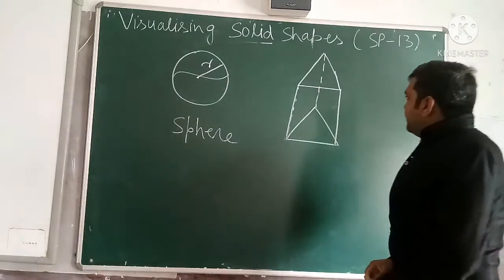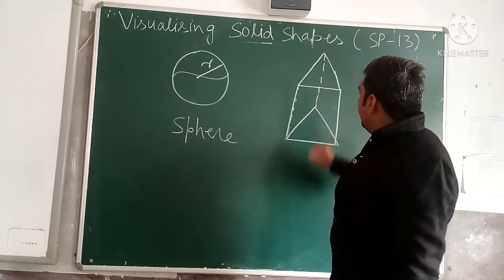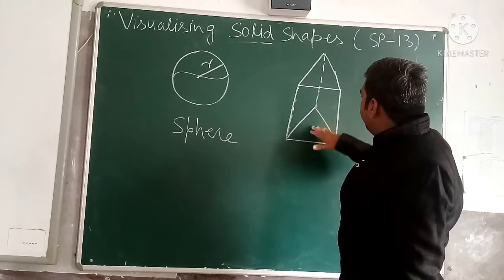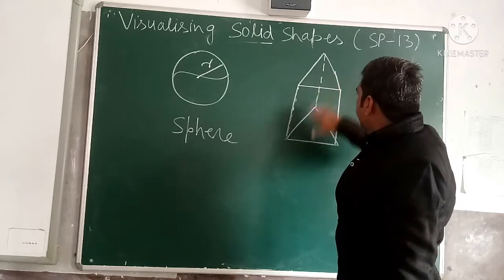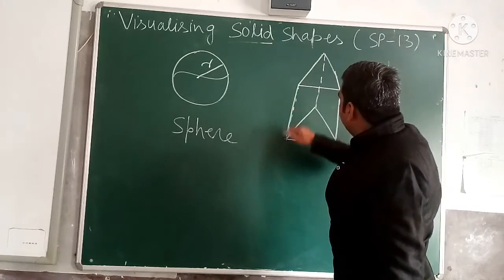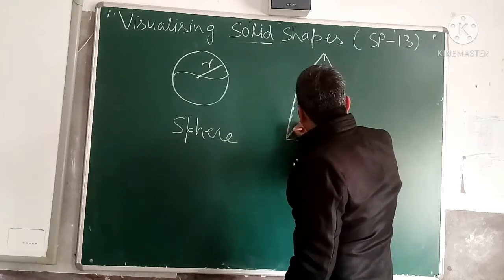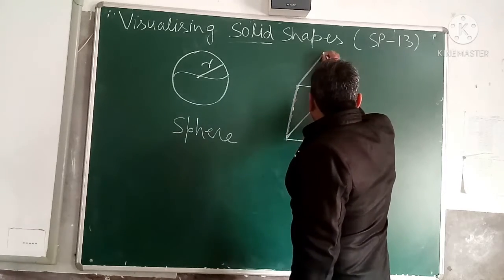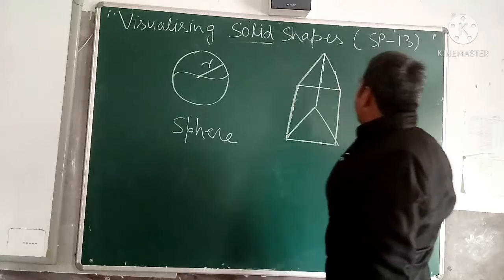So here you see, on this prism, the base is a triangle. The top and the bottom are both triangular faces, but the wall sides are parallelograms. The sides are parallelograms, like this.